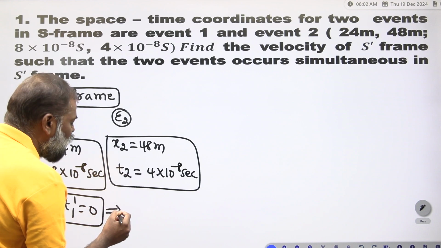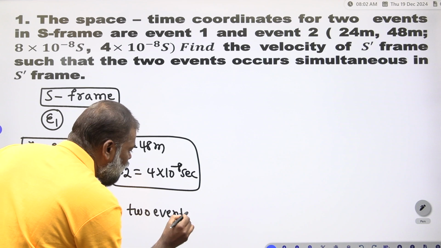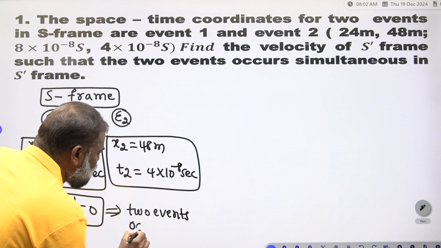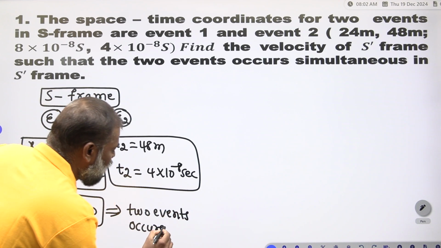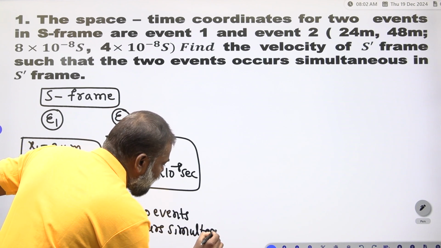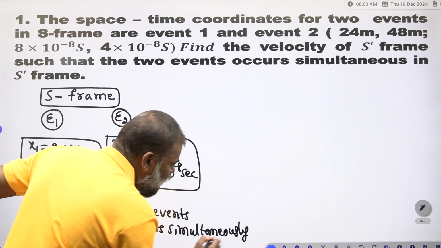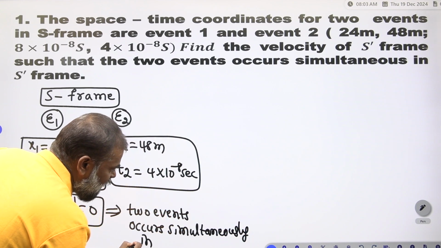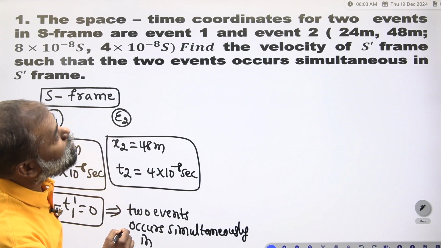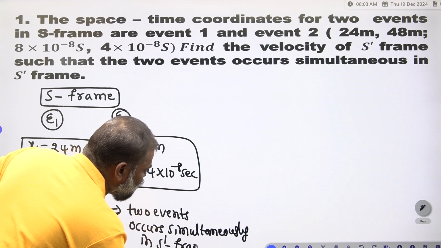Two events occur simultaneously in which frame? In the S dash frame.